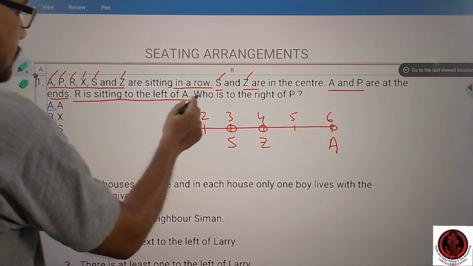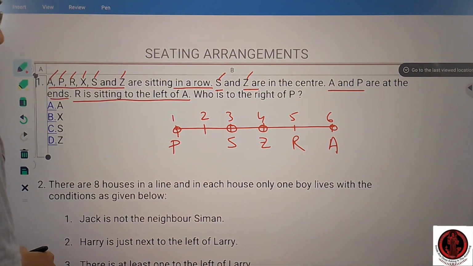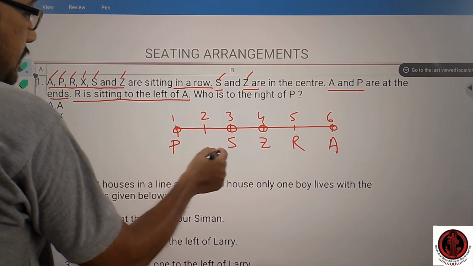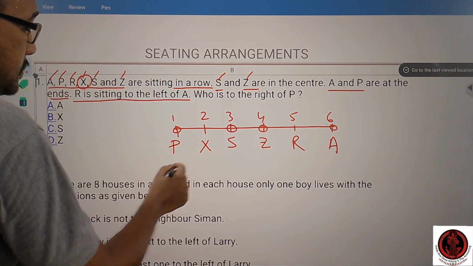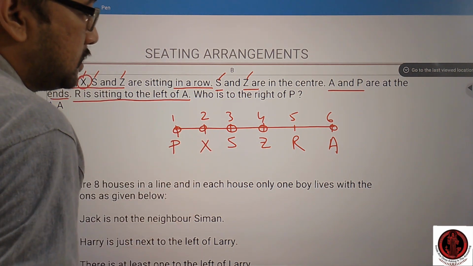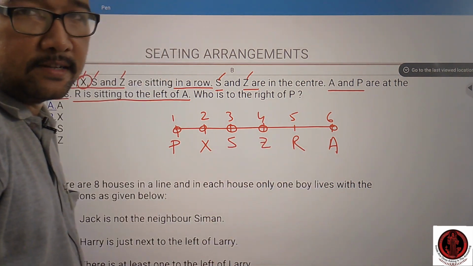Now R is sitting left to A, so this is A. Now P, S, Z, A, R are all there, only X is left, so X will be this one because only one position is left. So this is the row-wise arrangement.